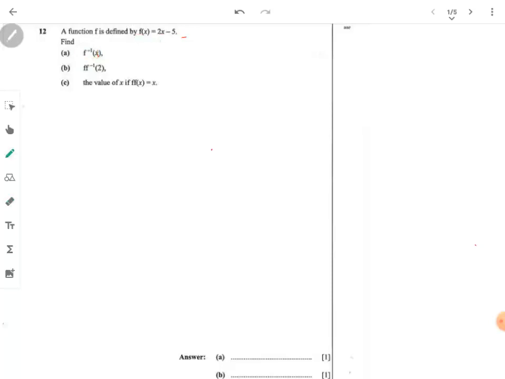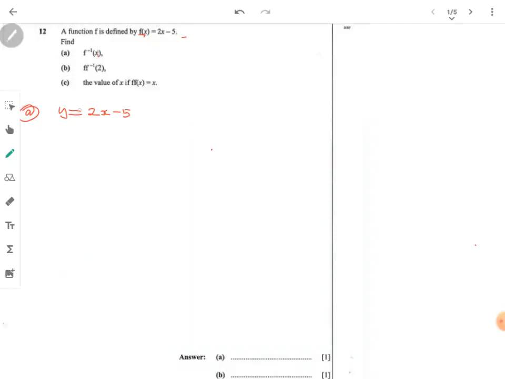To find the inverse of a function, you need to introduce y here. So I'm going to have y is equal to 2x minus 5. We are only making x the subject of the formula. So anything that doesn't have x, you group them together.